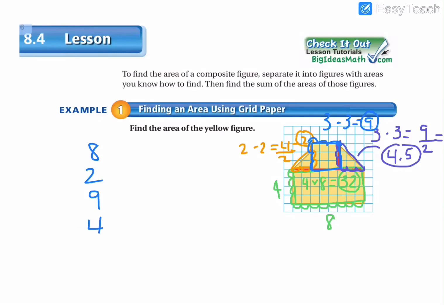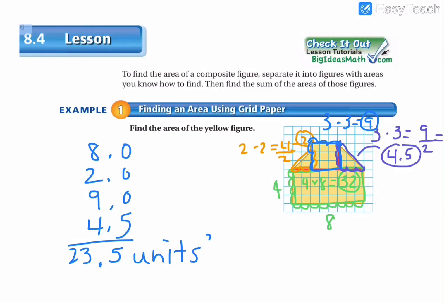This is my whole number, 4.5. The rest of these are nothing, I'll just fill in that place value. Alright, so that's going to give me 8, 9, 10, 19, 20, 21, 22, 23 and a half. And then since I don't know the unit, I'll just put units. Don't forget that it's squared, since we are literally talking about squares.